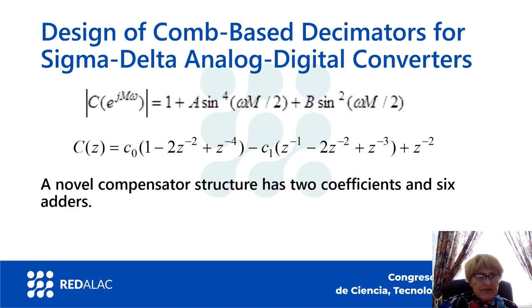We have here the magnitude response of the compensator, and A and B are two parameters. And the corresponding system function is presented in this way. We have two coefficients C0 and C1, which are related to the parameters A and B. And this compensator has two multipliers and 6 adders.